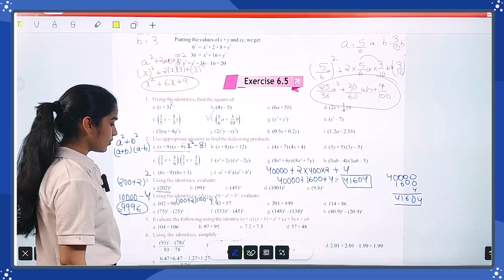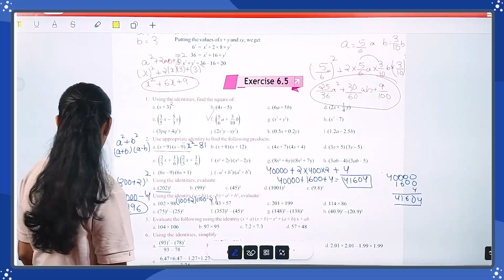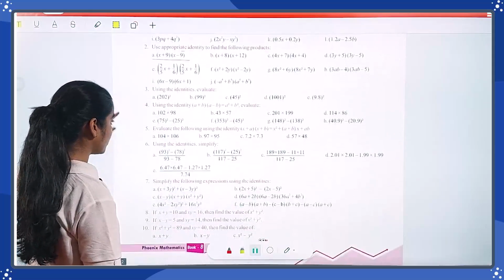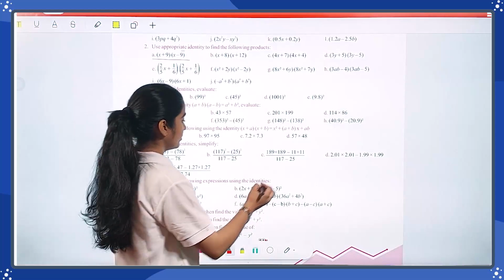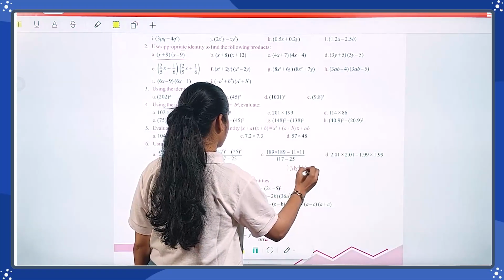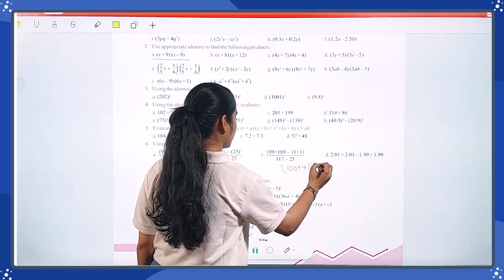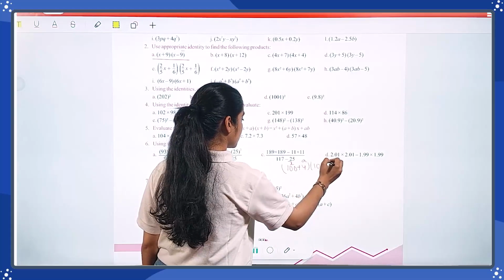Now evaluate the following using the identity (x + a)(x + b). So in that way, how can you calculate this one? (100 + 4) and (100 + 6). This is your x, this is your a, this is your b.